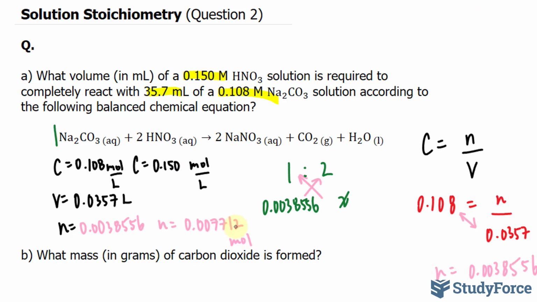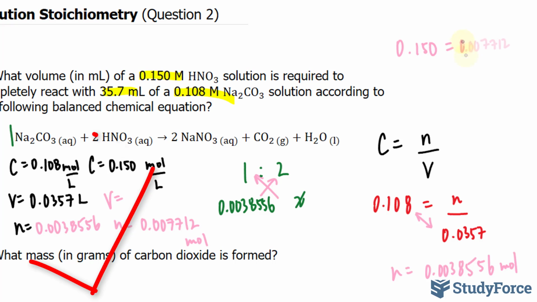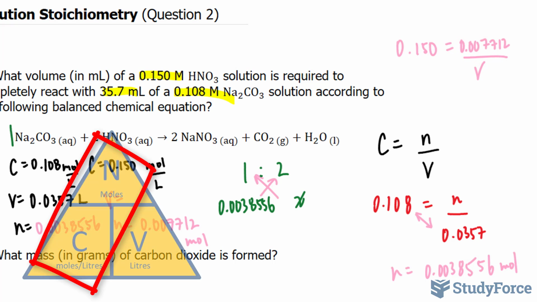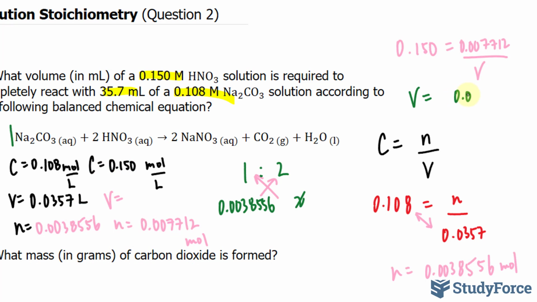Using the concentration and the number of moles, I can find the volume using this formula once again. I'll do my work up here. I have 0.150 is equal to the number of moles that I just found over the volume. To find the volume, I'll take this number divided by 0.150. So volume is equal to 0.007712 over 0.150.